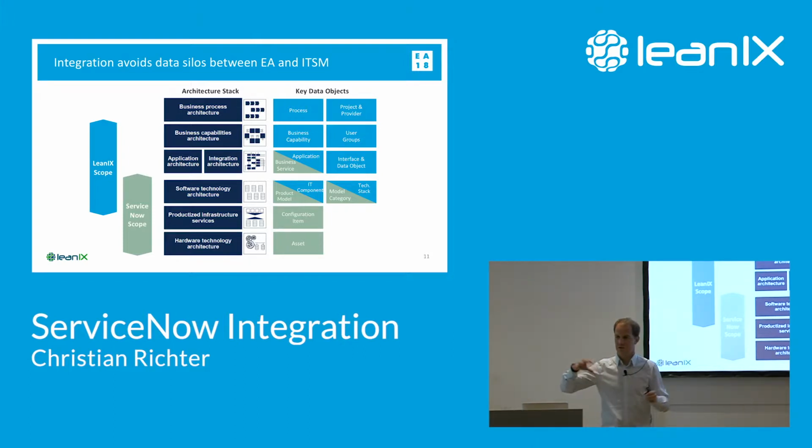That can be even more abstracted: a certain Dell PowerEdge is a server, so that would be the technology stack then. And as you clearly see, configuration items and assets are tables with data that resides within ServiceNow, but that is not touched by the integration to be transferred directly to LeanIX.